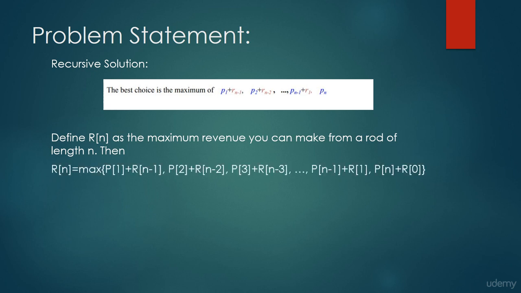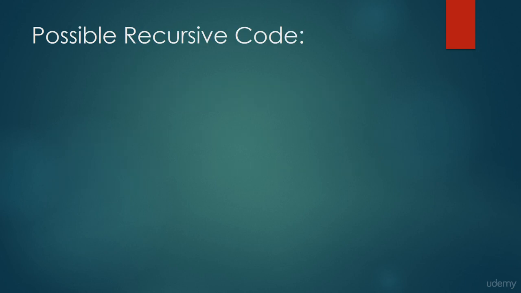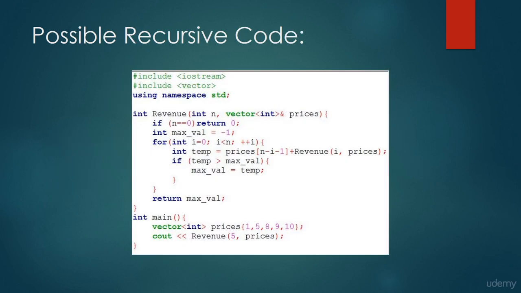Then Rn is the maximum of P1 plus Rn-1, or P2 plus Rn-2, or P3 plus Rn-3, all the way to Pn-1 plus R1 or Pn plus R0, where basically R0 is 0, right? If you have a rod of length 0, then you cannot make any money on it, so you can only sell it for $0. So let's see an example of the recursive code written in C++.